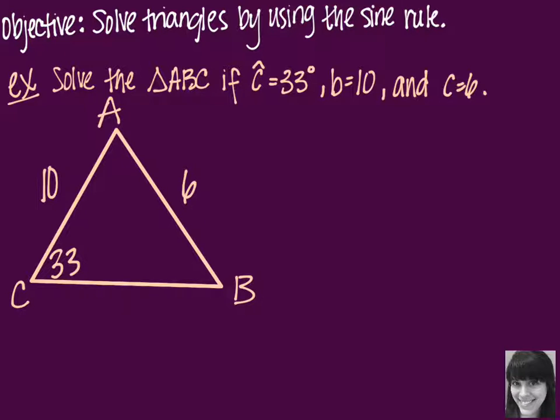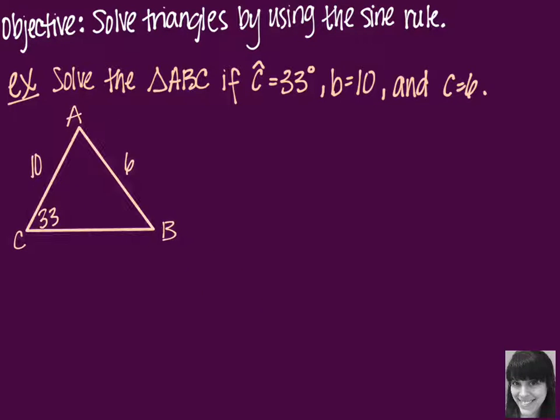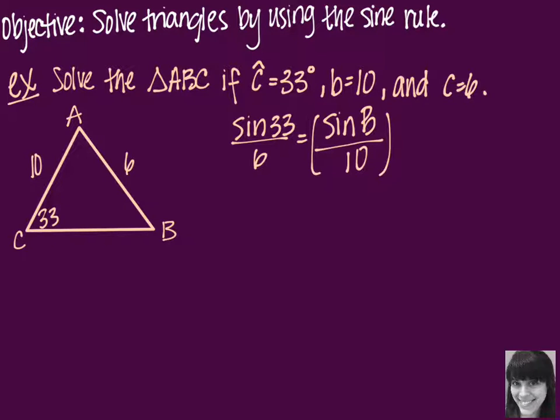So the first thing we're going to do is treat it just like anything else. We're going to find angle B. And this is really big. Let me make this smaller. Okay. So our proportion is the known angle and known side, so that gives us sine of 33 divided by 6. And we're going to find B first. So we have sine of B divided by 10. Multiply both sides by 10.